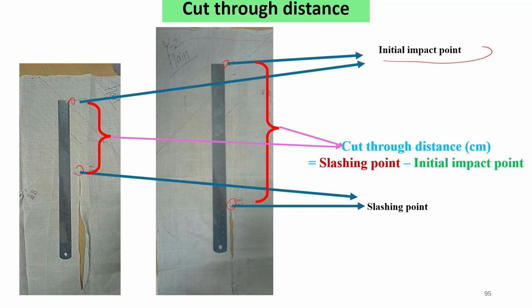That means after that distance the first penetration will start. This shows the resistance of the protective textiles, that it is not allowing the knife to penetrate through. The cut through distance is the slashing point minus the initial impact point. The higher this cut through distance, the better the protection.